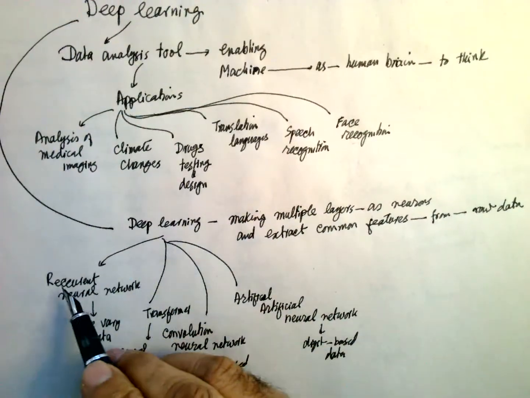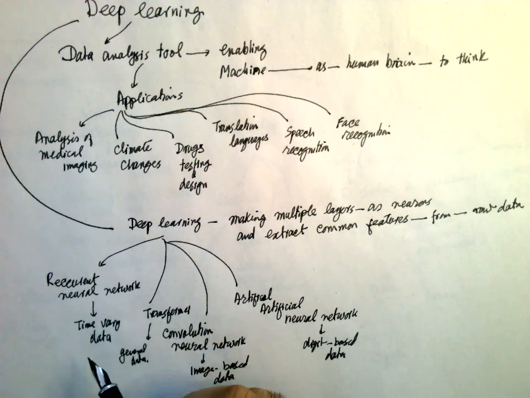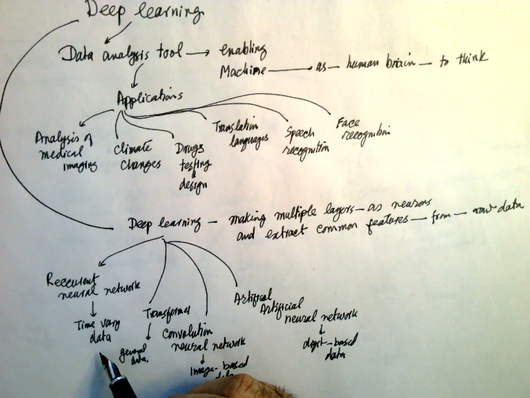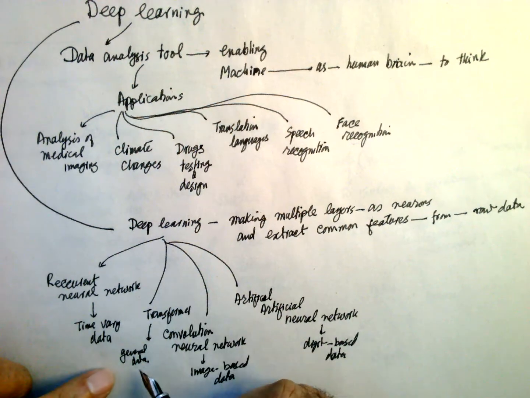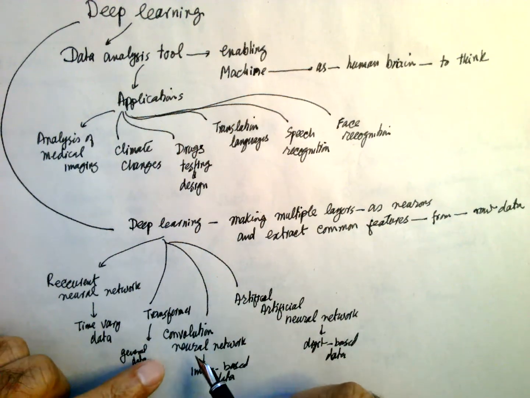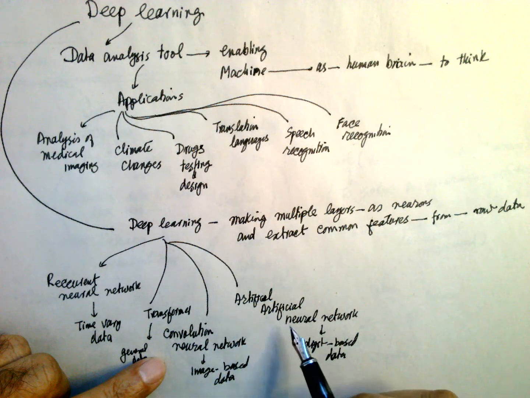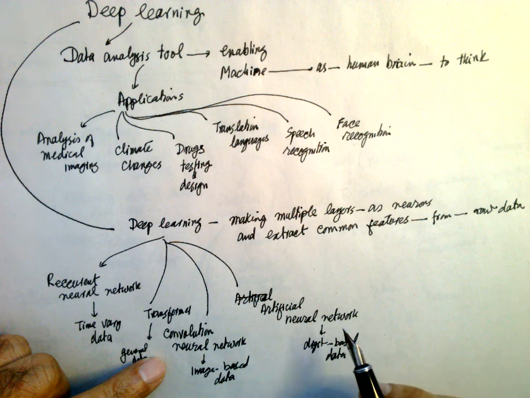They use a recurrent neural network, CNN, RNN, and this data is time varying, changing with time. A transformer is for general data. A convolutional neural network is for image-based data. An artificial neural network is for digit-based, number-based data.